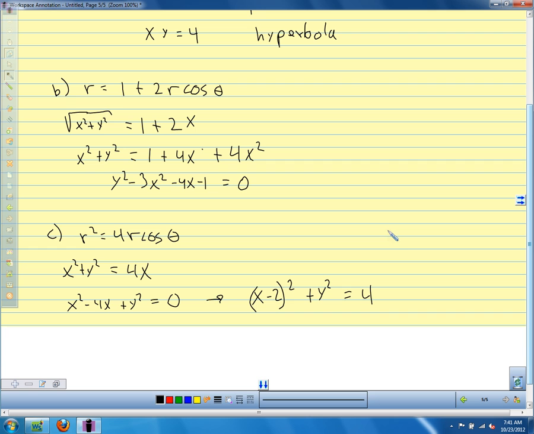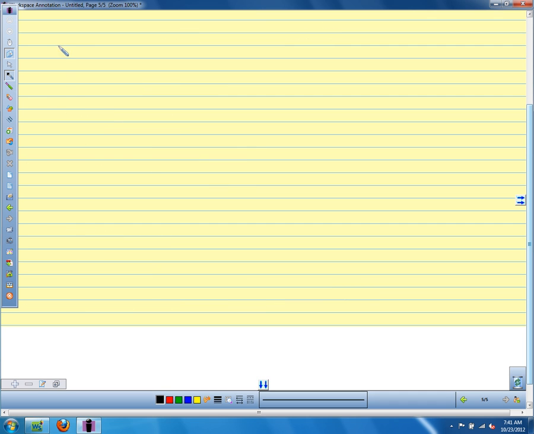All right, one more. Let's look at D. r equals 4 over 2 cosine theta minus sine theta. What do we want to do here?